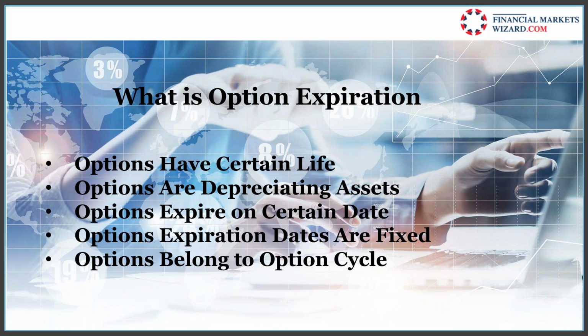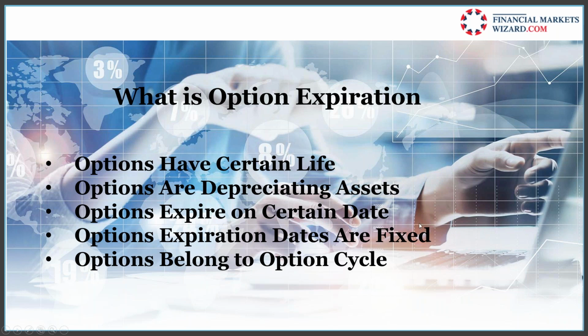They expire on the expiry date, so they are considered a depreciating asset. Every day we are paying rent. When we trade options, we are paying the time value. It could be 1 cent a day, it could be 5 cents a day. It depends. And we know that an option expires on a certain date.